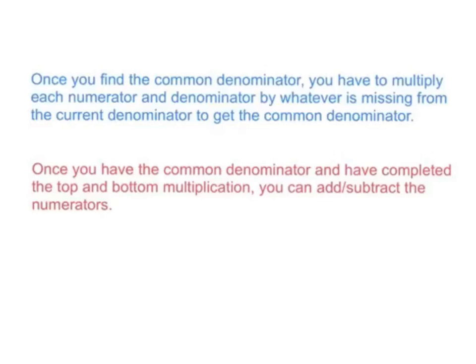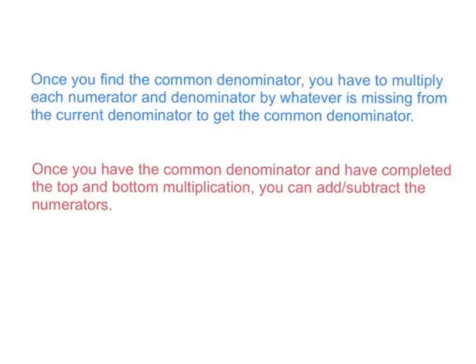And then once you have that common denominator, and have completed the top and bottom multiplication, you can add or subtract the numerator. A common mistake that we make when we add and subtract fractions is we try to mess with the denominator after we've figured out what it is. You just copy that common denominator, and then you add or subtract the tops.